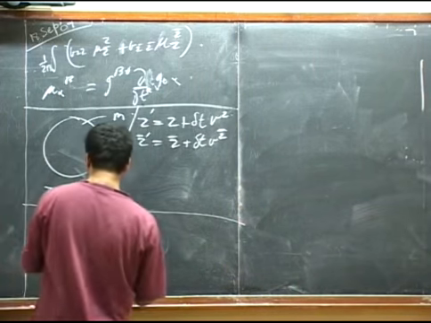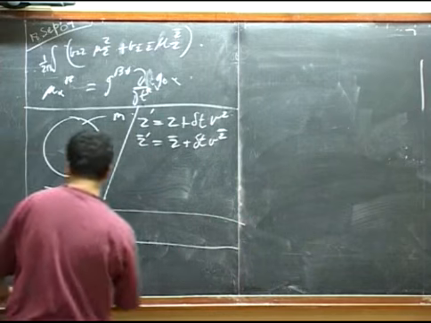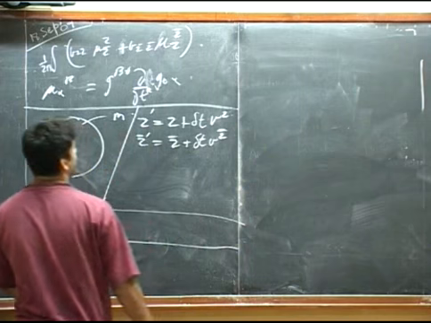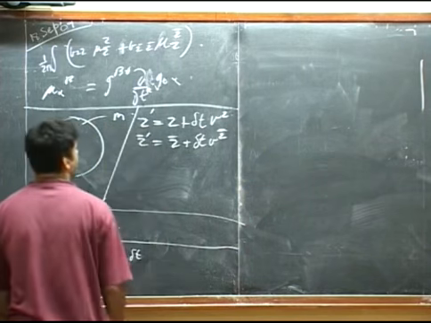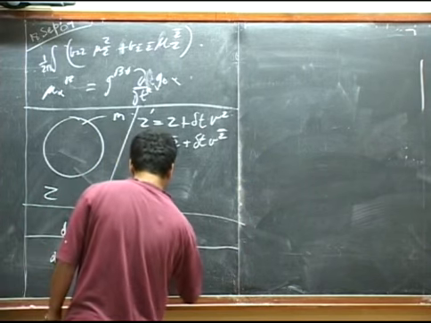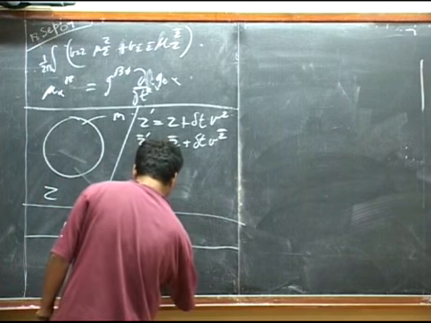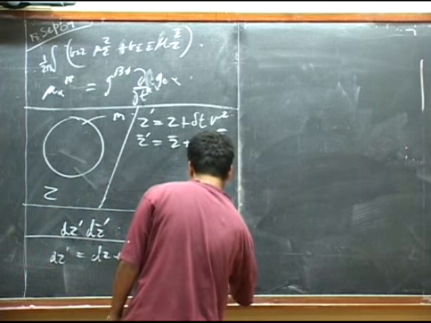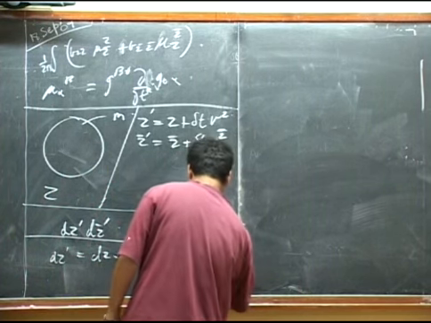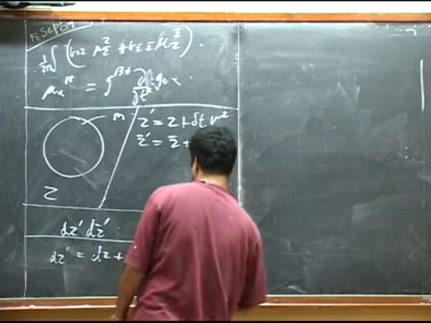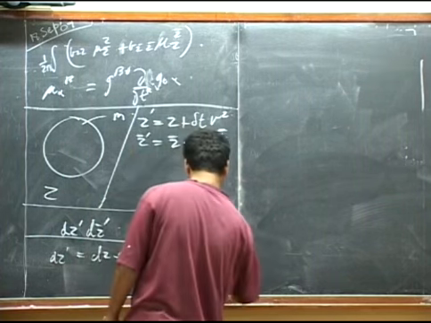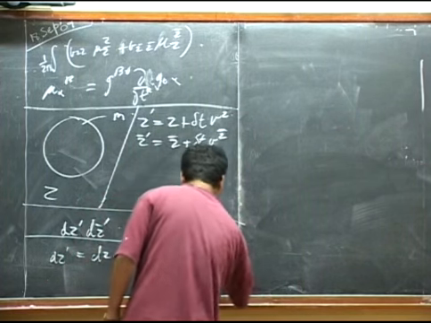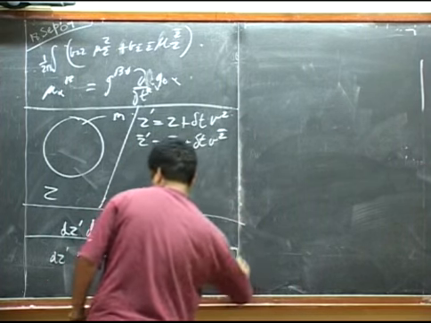What is dz prime to start with? dz prime is equal to dz plus delta t times del v^z by del z dz plus del v^z by del z bar dz bar.